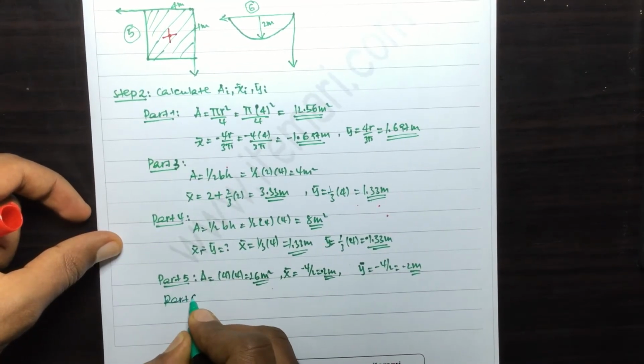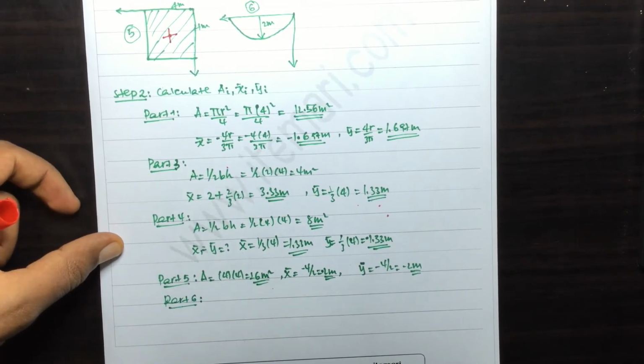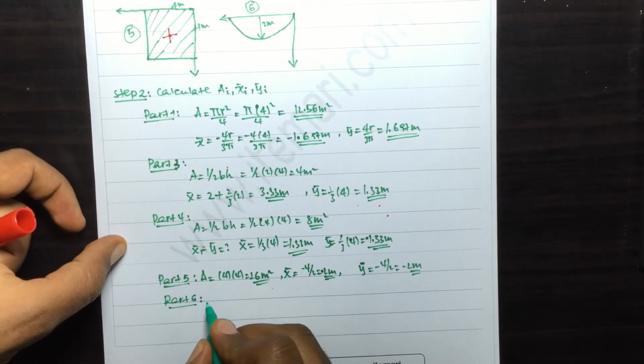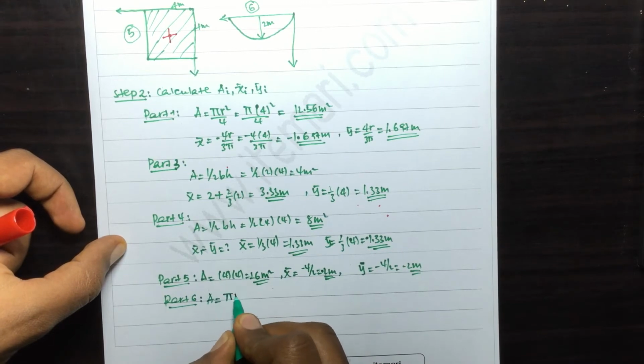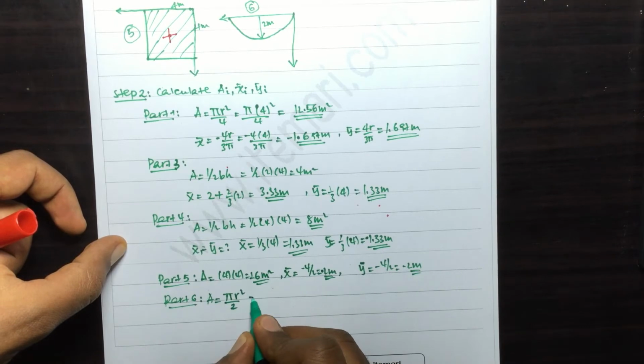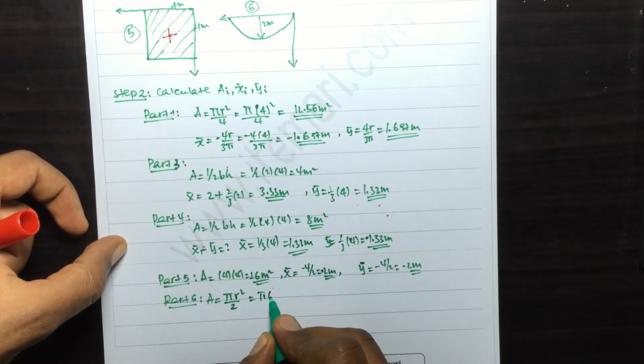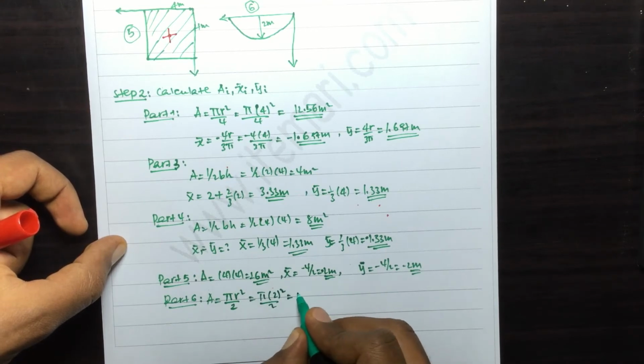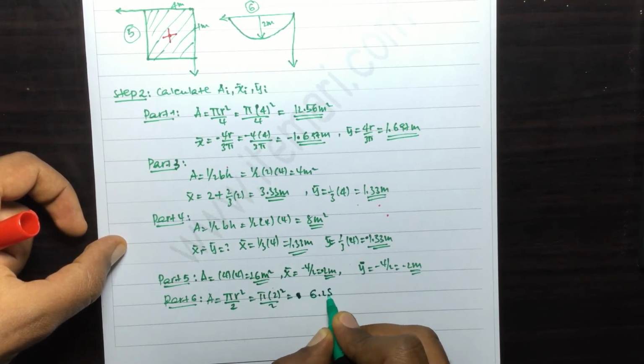For part 6, part 6 is just a semicircle. For any semicircle, the area is half pi r square, the full area, divided by 2. It will be pi, and the radius is 2 square over 2, and it will be I think 6.28 meters square.